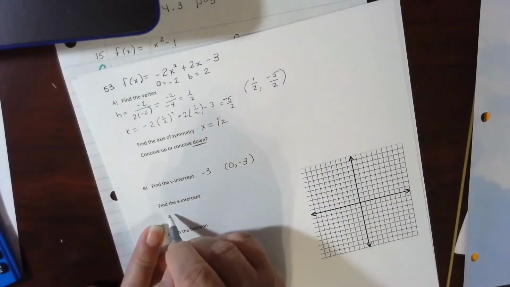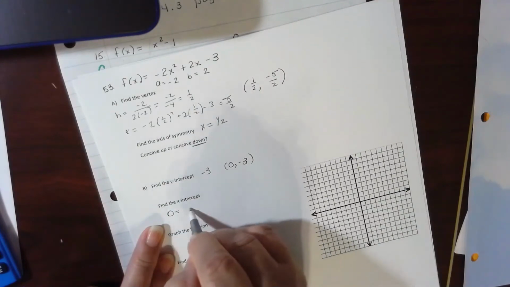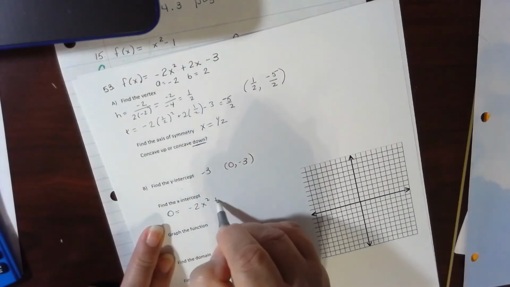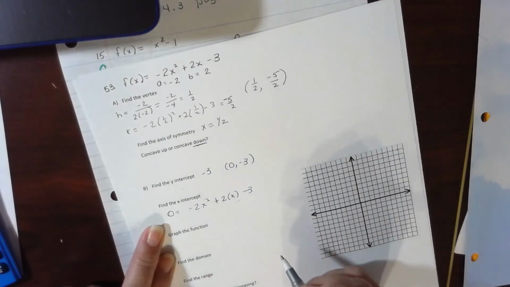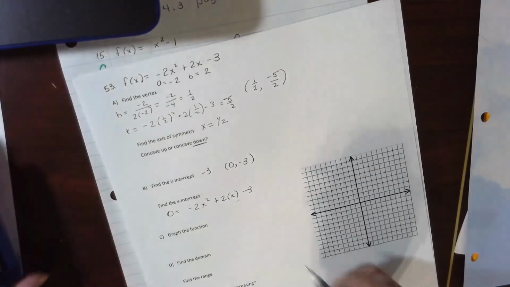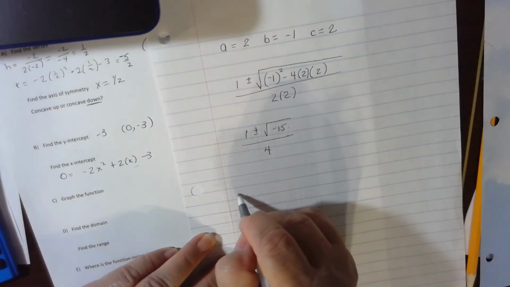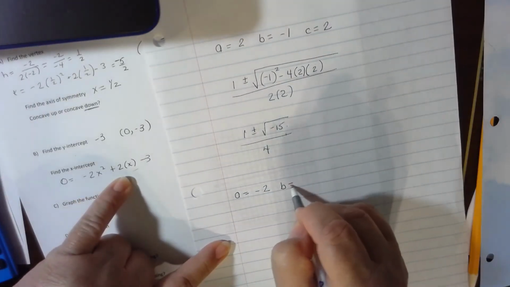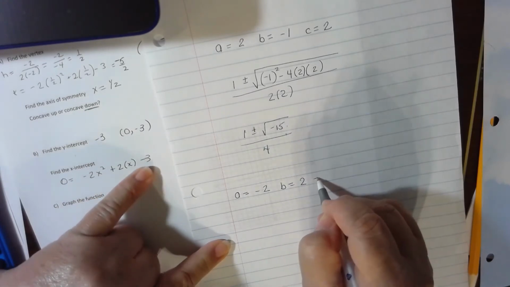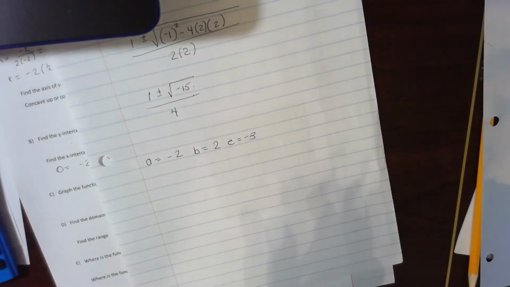The x-intercept, I have to solve this equation. And again, it won't factor. So I come back over here so I can do my quadratic formula. A is going to be negative 2, B is going to be positive 2, and C is going to be negative 3. Excellent practice for quadratic formula because several of you missed that on the midterm.